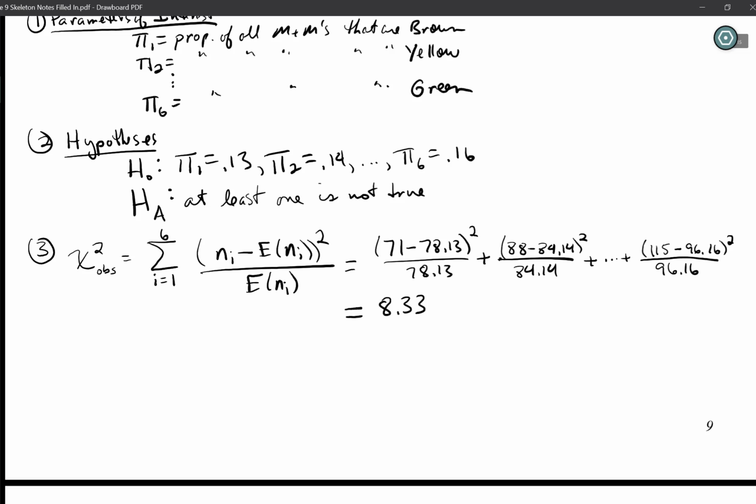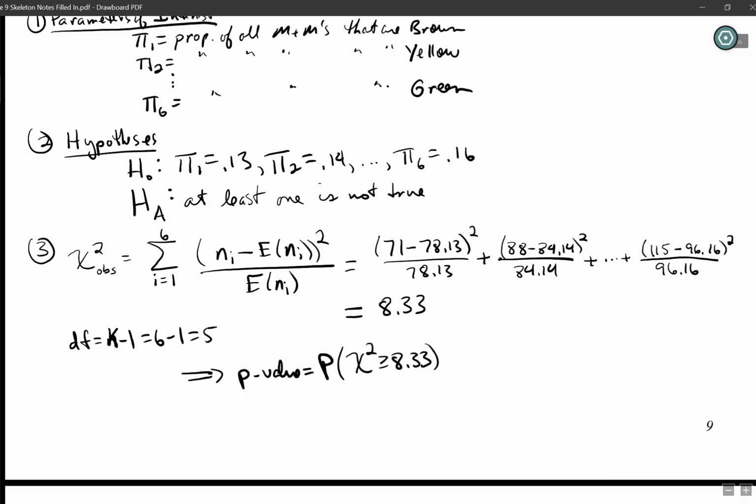A couple of ways to do this: I can compute a p-value, or I can set up my rejection region, and I'm going to appeal to the chi-square distribution. Remember, the degrees of freedom here is k minus 1. I've got 6 categories, so 6 minus 1, or 5 degrees of freedom. My p-value is the probability that I would see a chi-squared value bigger than or equal to 8.33.